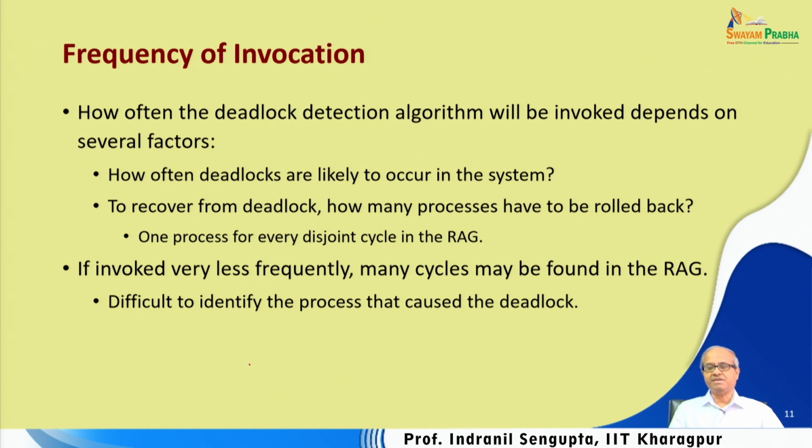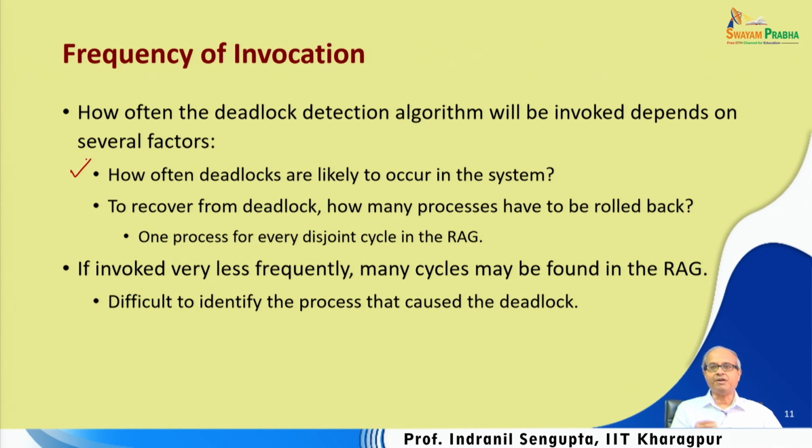The other question I discussed a couple of slides back is how frequently we should invoke this deadlock detection algorithm. This frequency depends on a number of factors. First, most importantly, how frequently do we expect deadlocks to occur in our system?